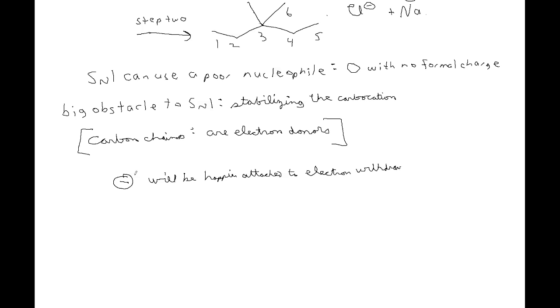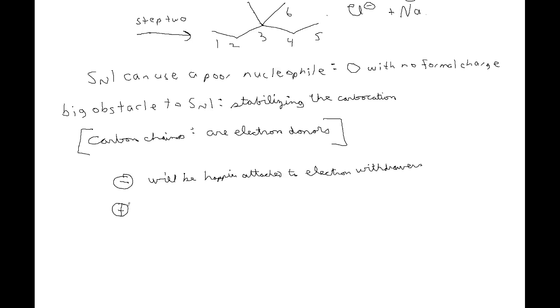Because would that intensify the negative charge or spread out the negative charge? It would spread it. Do you think nature likes charges to be concentrated or spread out? Spread out. Because that kind of reduces the charge in any one place. So an electron withdrawer would pull the negative charge away from this place and spread out the negative charge. So negative charges are happier attached to electron withdrawers.